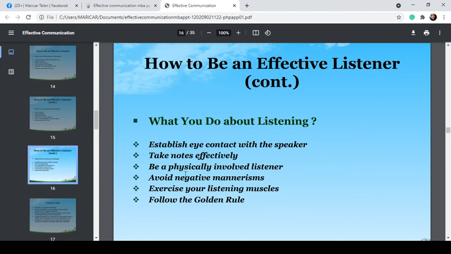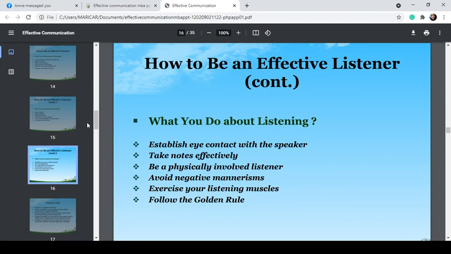What do you do about listening? First, establish eye contact with the speaker. Siyempre, kung ikaw ay nakikinig, kailangan nakatingin ka sa speaker. Kung hindi ka nakikinig, huwag kang tumingin sa speaker. Pero, much better, kung gusto mo talagang ma-absorb yung sinasabi ni speaker, tingnan mo siya eye to eye. Take notes effectively. Be physically involved with the speaker.